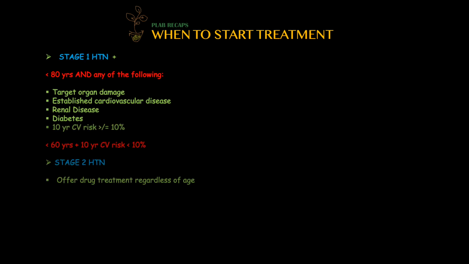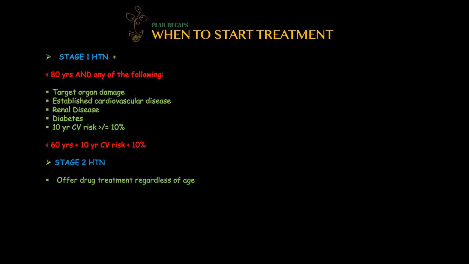When to start treatment is something we have previously discussed. So once you have results from the ambulatory or home blood pressure monitoring and have assessed the patient for a 10-year cardiovascular risk and done workup for target organ damage, we can now classify the patient as having stage 1, stage 2 or stage 3 hypertension.